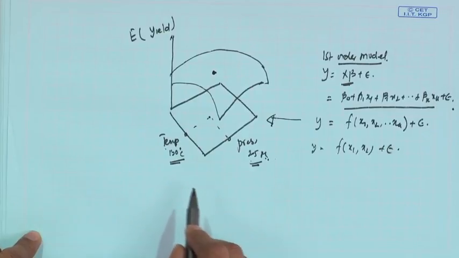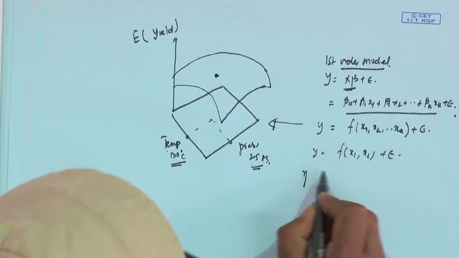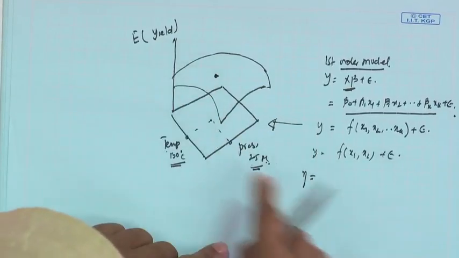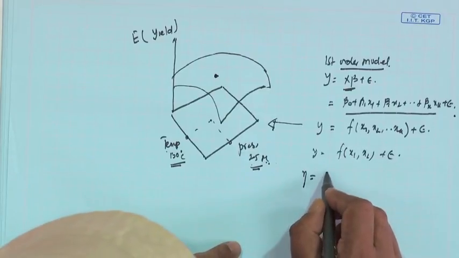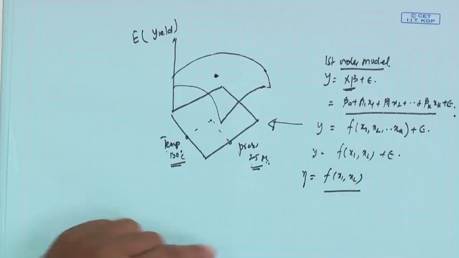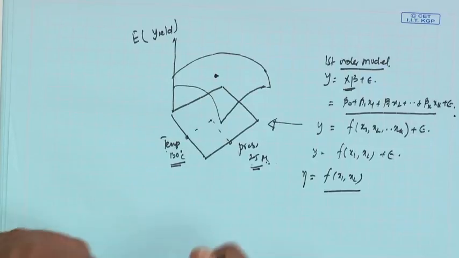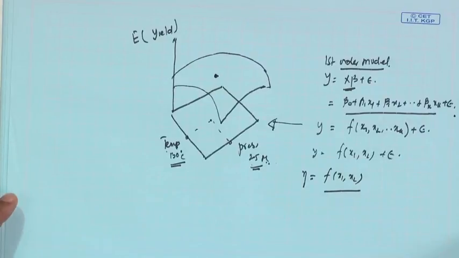Then the response surface eta is basically the expected yield for different values of x, which is a function of x 1 and x 2. So far, whatever experimental designs we have employed, and the results we got, everywhere I have shown you the regression equation. That regression equation basically talks about the response surface.